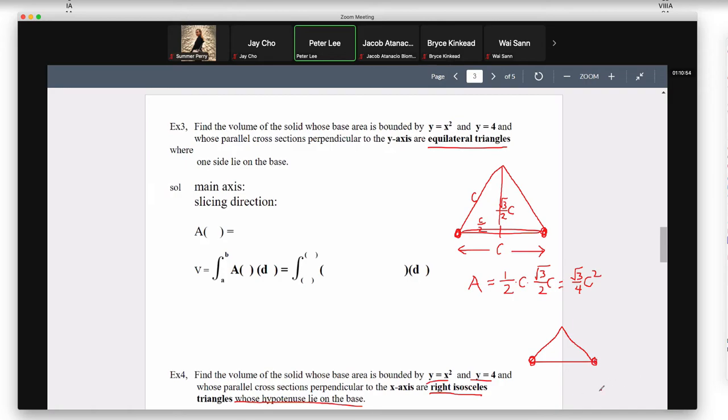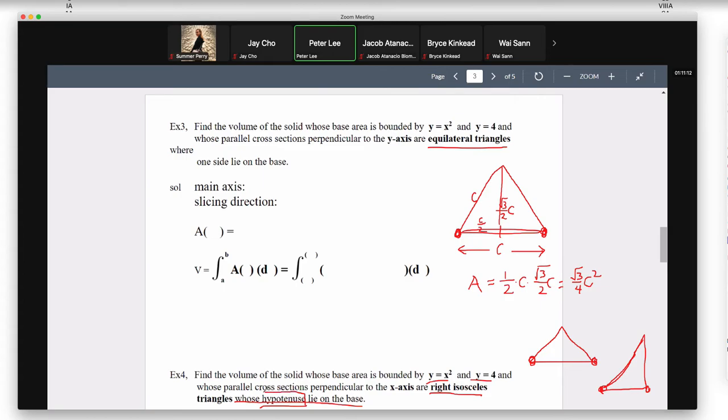Now, it could be a possibility that on some other problems you might actually have this, a right isosceles triangle like this. But if it's this, they will not say that the hypotenuse lies on the base.